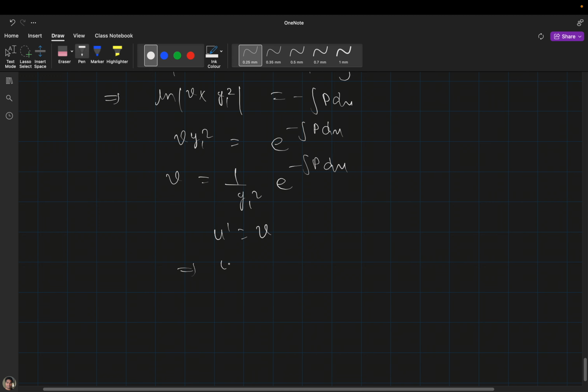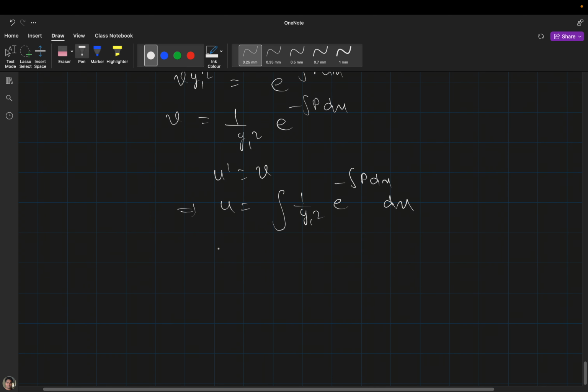So if you want to get u, then it will be the integral of 1 by y1 square times e raised to the power minus integral of p dx, dx. So this is u. Now I want to get y2, and y2 is y1 times this.